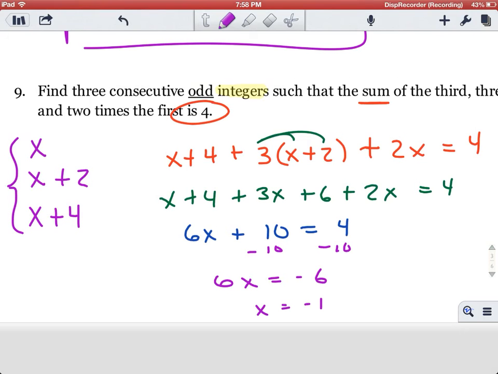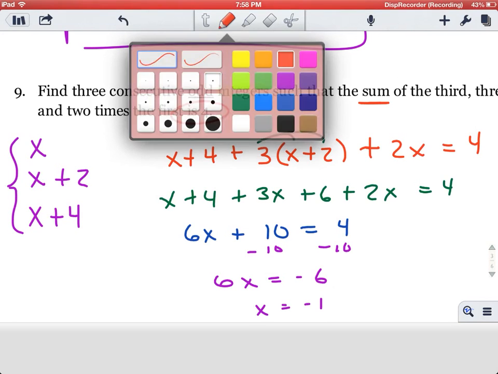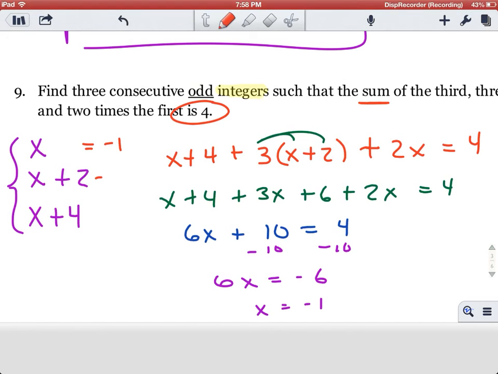So x equals -1, and therefore the numbers that we're looking for are -1, 1, and 3.